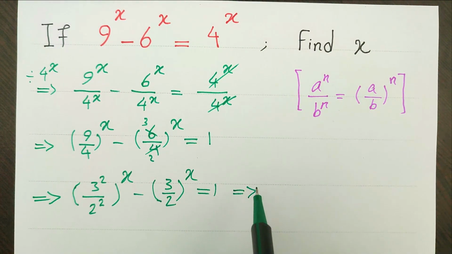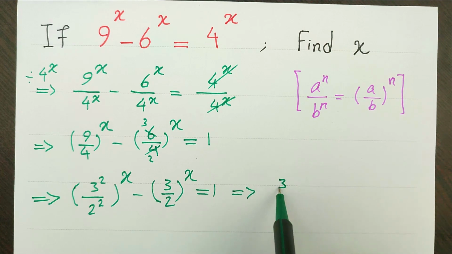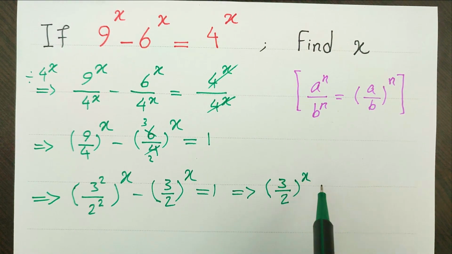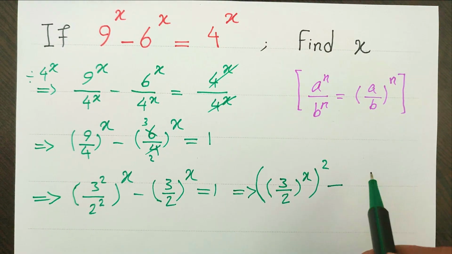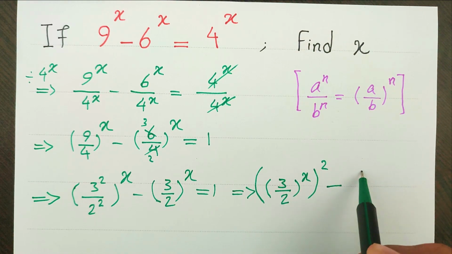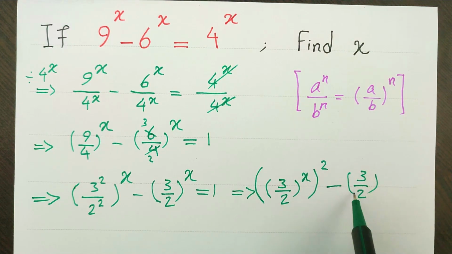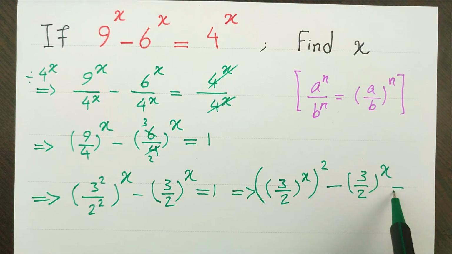Also, we can write this equation as 3 over 2 to the power of x all to the power of 2 minus 3 over 2 all to the power of x equals 1.